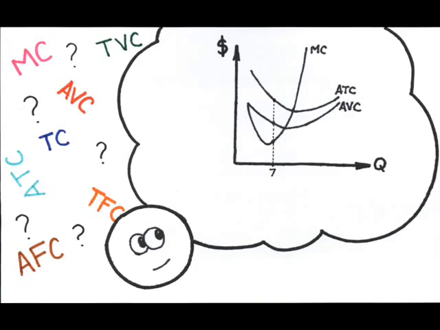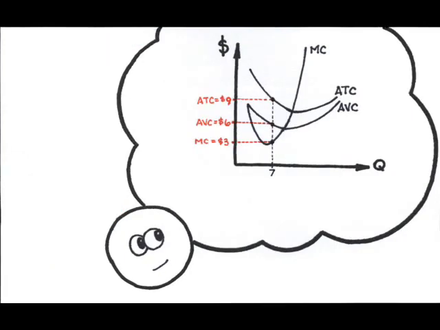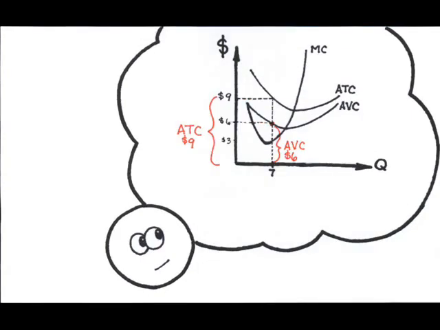Let's take the easy ones first. I can read average total cost, $9, average variable cost, $6, and marginal cost, $3, straight from the diagram. What about the rest? Well, average fixed cost isn't too difficult. On average, a single unit costs $9, $6 of which is variable, meaning the other $3 must be the average fixed cost component. Now for the total costs.